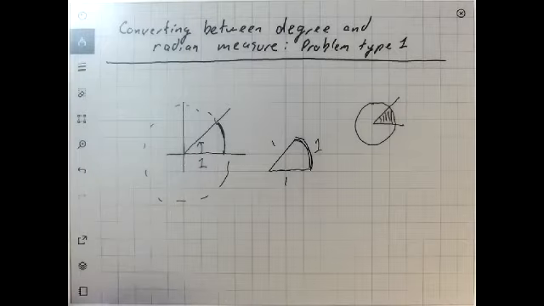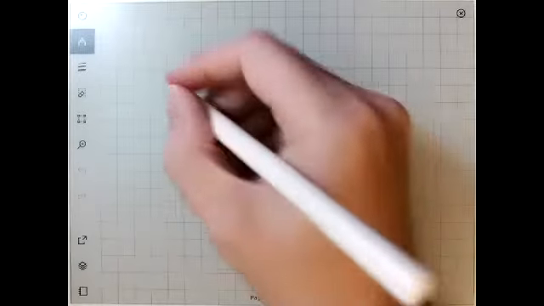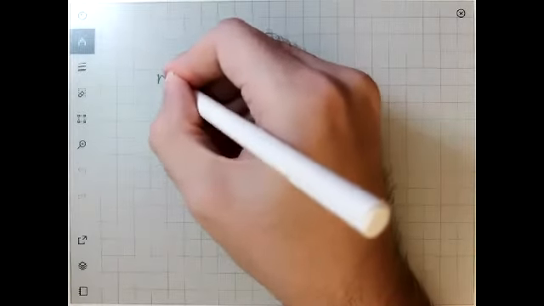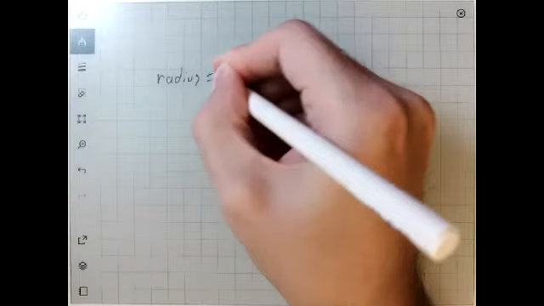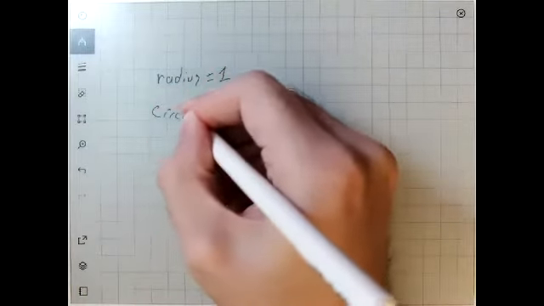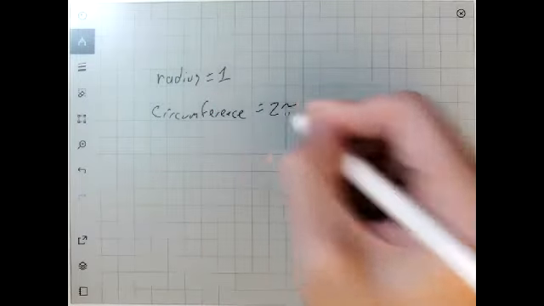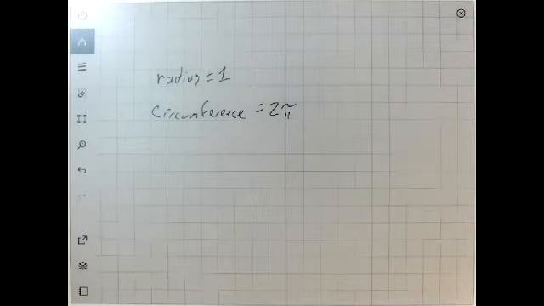So, taking advantage of what we know about circles, we know that if we have a circle of radius 1, its circumference is 2 pi.